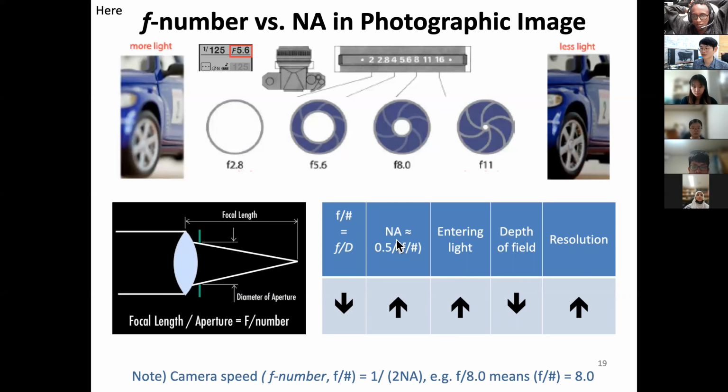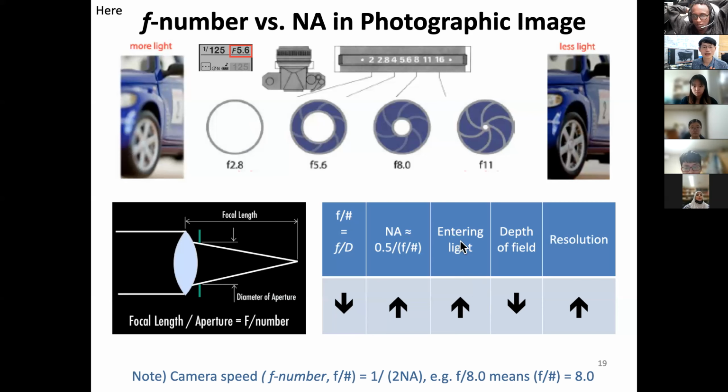As I said, numerical aperture can be approximated by this, in fact a paraxial approximation of the angle. And what about entering light? A smaller F number means a bigger aperture diameter, so you will have much more light, because the amount of light matters for the signal and brightness of your image, and you can even shorten your exposure time so that you can take much faster movies.